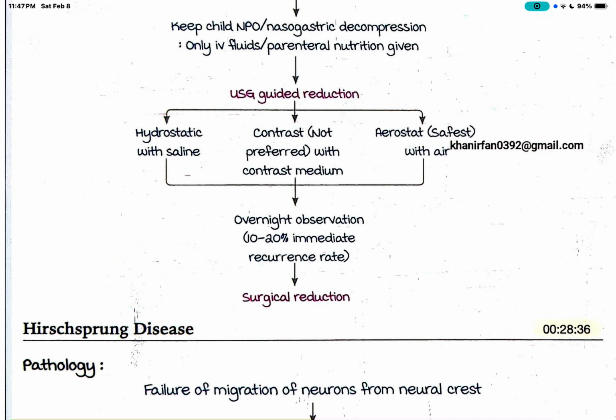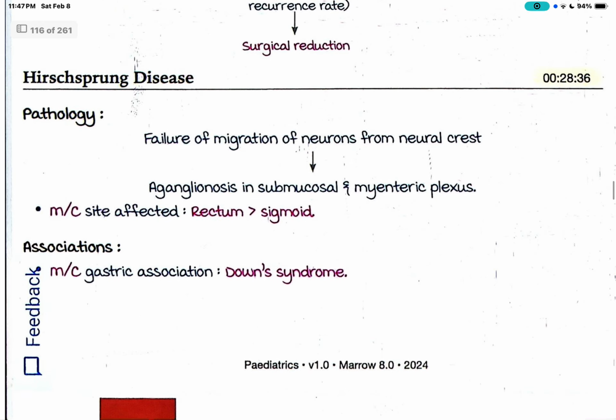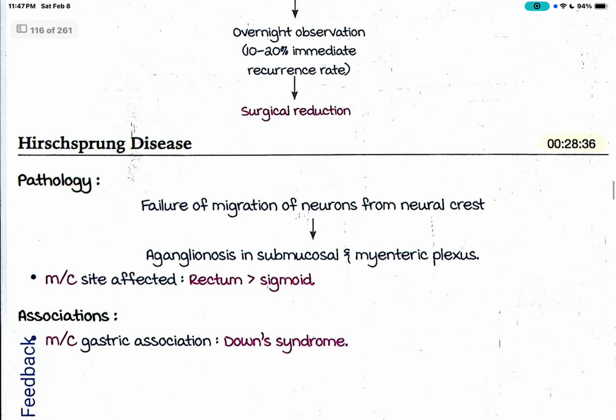Hydrostatic reduction with saline is preferred; contrast medium is not preferred. Pneumatic reduction with air is safest. Overnight observation, as 10 to 20% have immediate recurrence, and then surgical reduction.